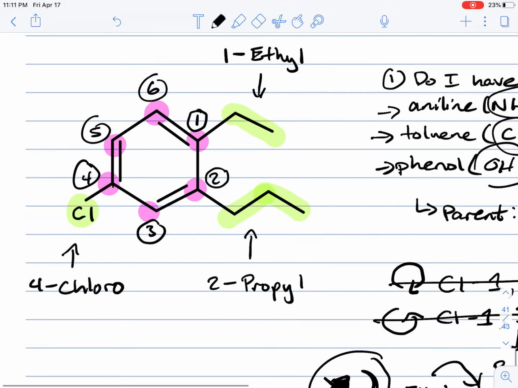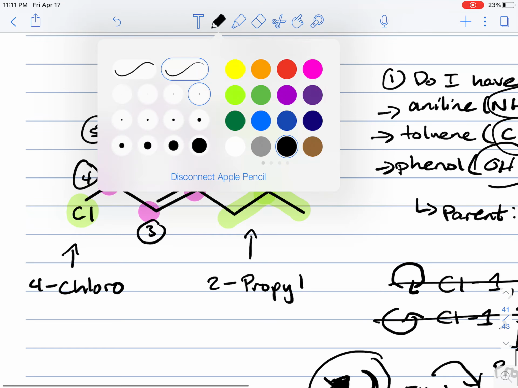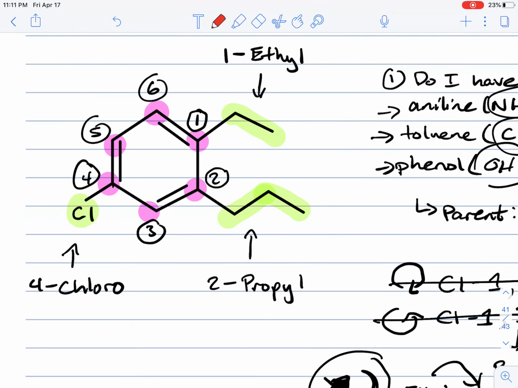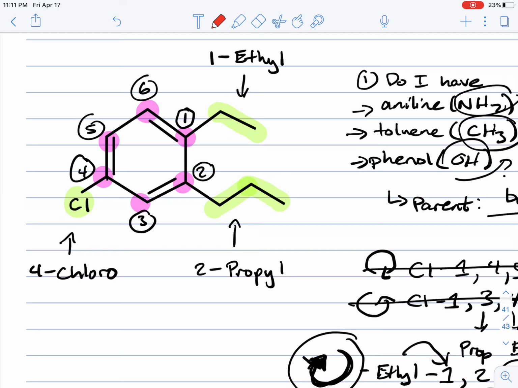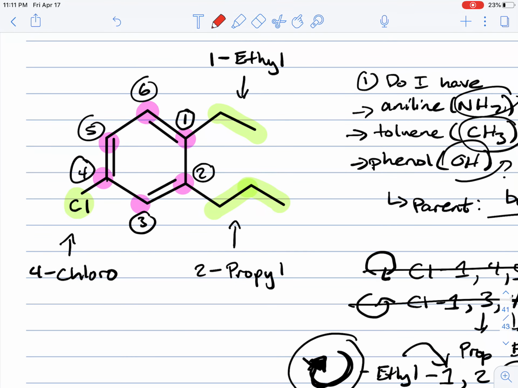All right, so now that that's done, we're going to figure out what we're going to name first, second, third, and fourth. And this is done by alphabetical order. So for chloro, notice how 4-chloro starts with C. So this is the first substituent that we're going to name.